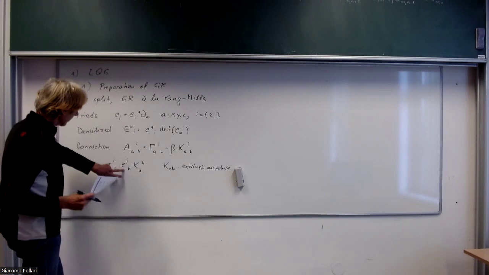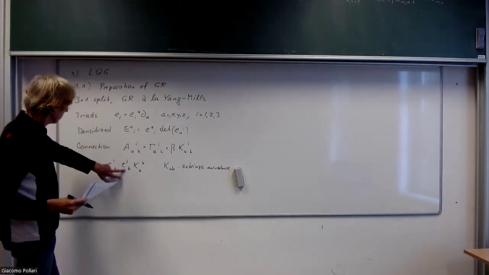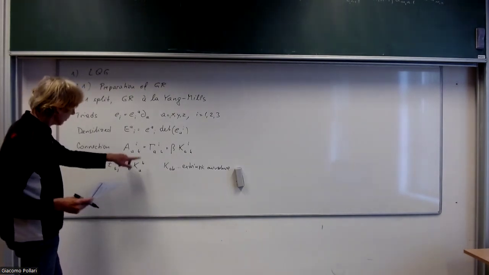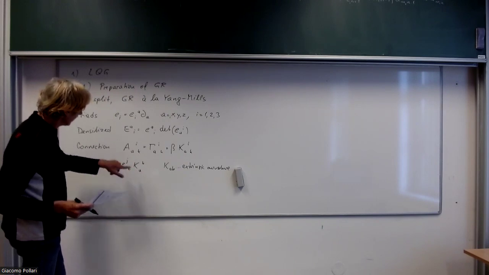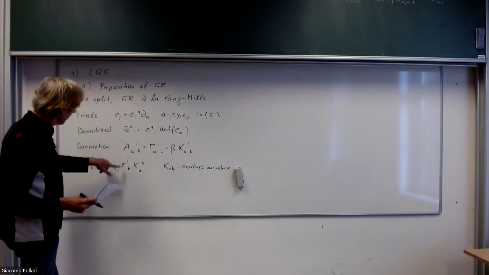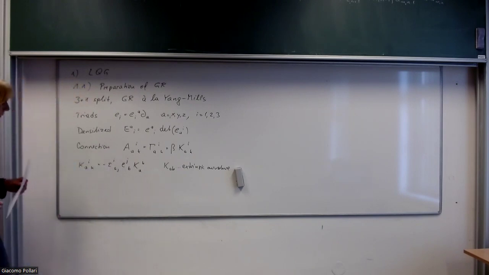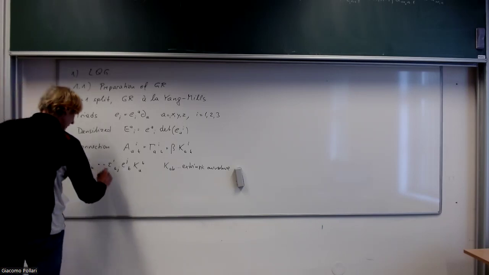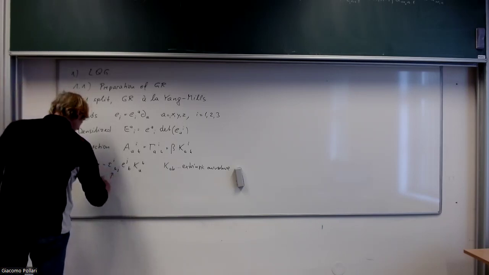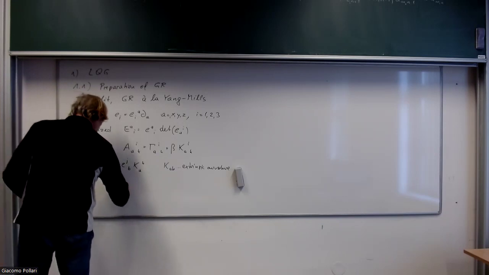Here with the triad or with the co-triad, it's converted so that it has one spacetime index, one orthogonal index, and then this epsilon_ijk is a generator of SO(3). So this is a Lie algebra valued one-form, essentially an SO(3) generator.